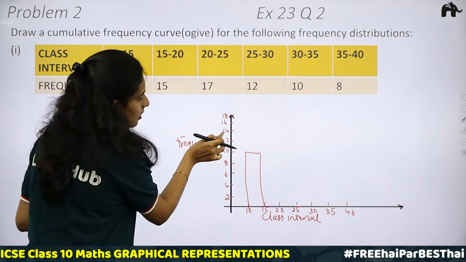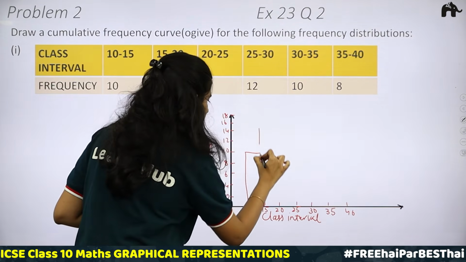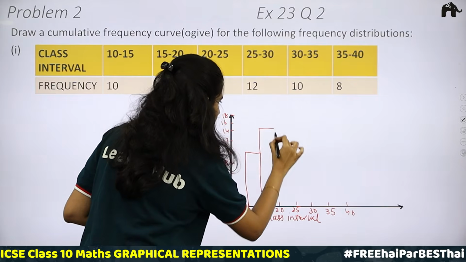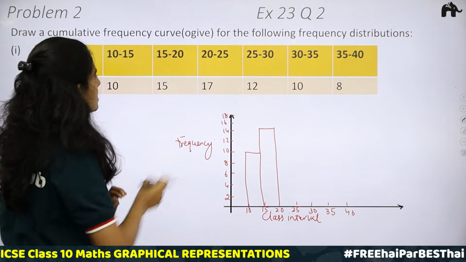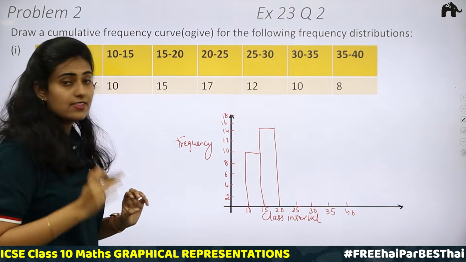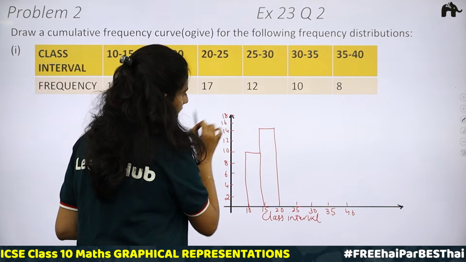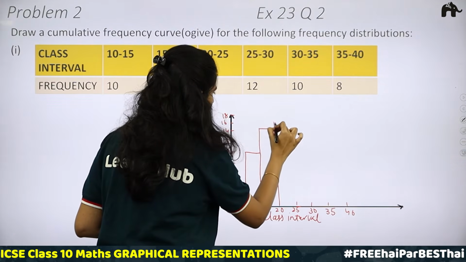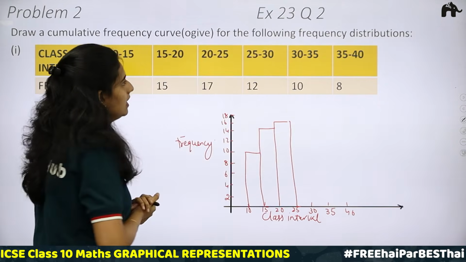Between 14 and 16, we will be having 15. This is for 15 to 20. Next, 20 to 25, we have 17. Where do we have 17? Between 16 and 18, we have 17, somewhere here.